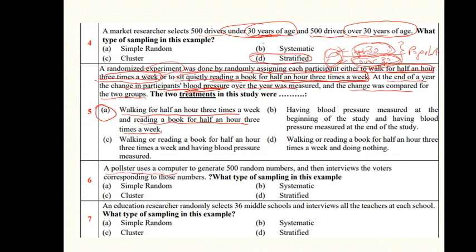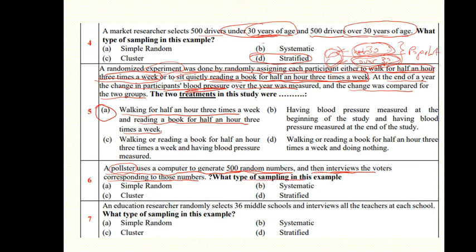A pollster uses a computer to generate 500 random numbers, then interviews the voters corresponding to those numbers. A pollster is the person who asks people about their polls, like who will you elect, for example, Trump, Joe Biden, or Republicans, Democrats. He uses 500 random numbers, and then goes to these voters and interviews them. What type of sampling is it?